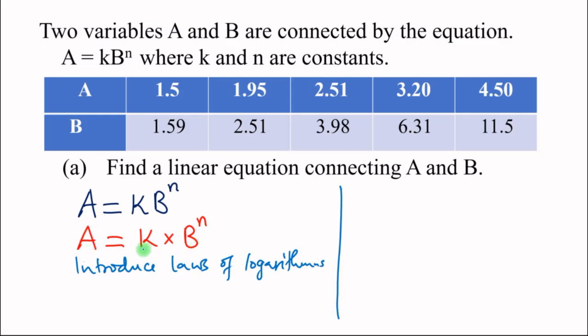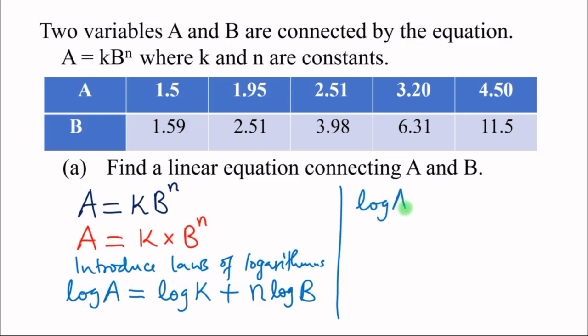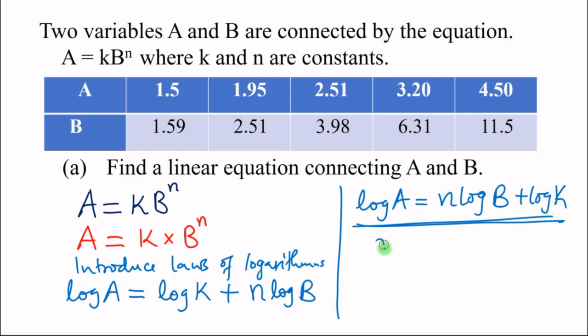Therefore in our case, log of a will be equal to log k plus, since it is multiplication, we add, n log b. So the linear relation that connects a and b is now log a equals n log b plus log k.